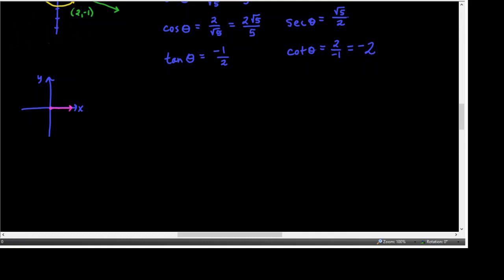Terminal side, we're going to go 90 degrees, which puts us right there. And that's our angle. Now, what I'm going to do is pick any point, except for the origin, that's on this green ray. And it doesn't matter what point you pick.